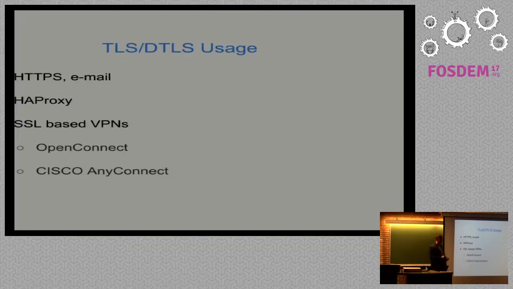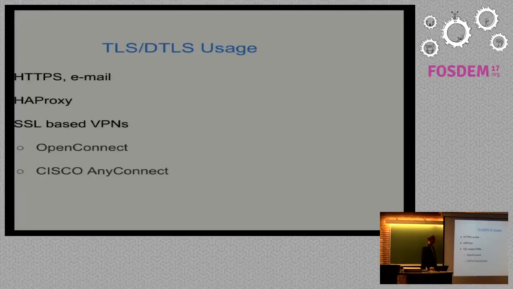The term SSL-based VPNs is quite used because of historical naming. You can also say TLS-based VPNs. And such VPNs are OpenConnect or Cisco AnyConnect. Cisco AnyConnect is a closed source implementation, but you can use OpenConnect that is compatible with Cisco AnyConnect.